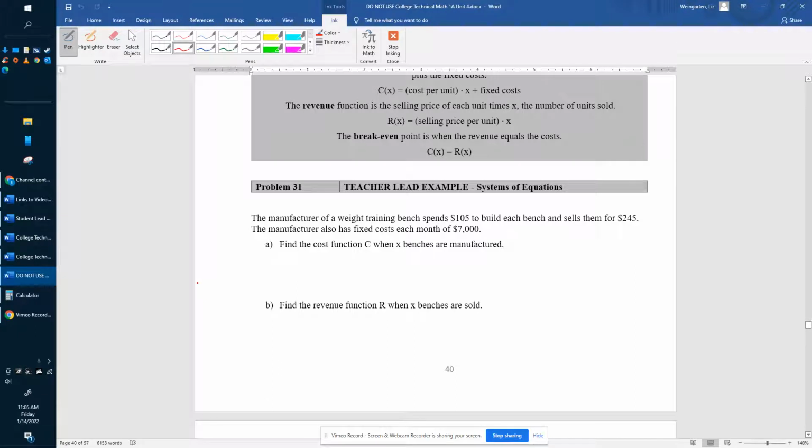The manufacturer of a weight training bench spends $105 to build each bench and sells them for $245. The manufacturer also has fixed costs each month of $7,000. Find the cost function when X benches are manufactured.